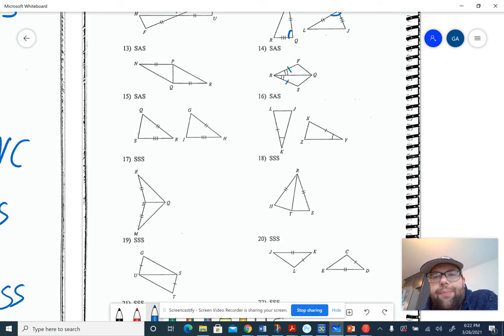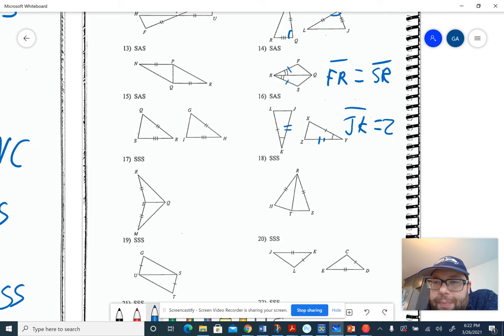So that would be line FR would have to equal line SR. Okay, and another side, angle, side here. I know a side and an angle. I just need to know the next side, right? So those lines have to be equal to each other, or line JK has to equal line ZY.